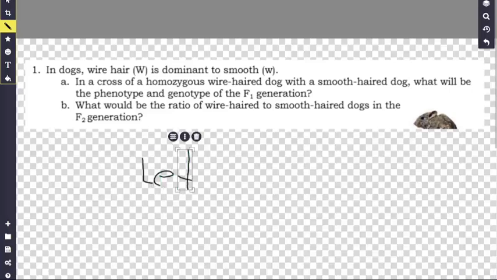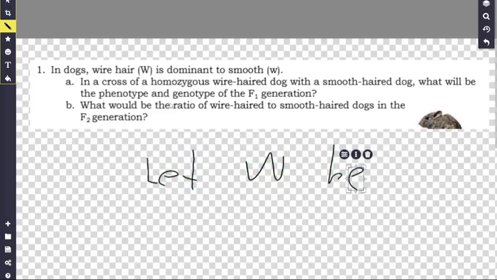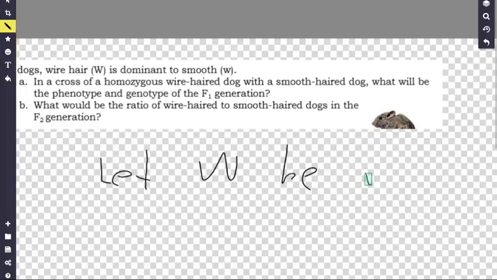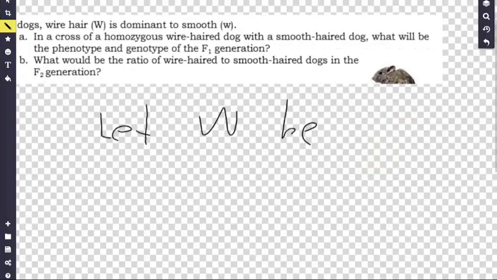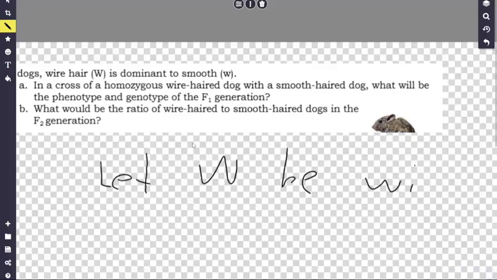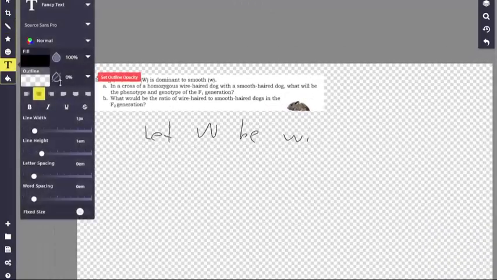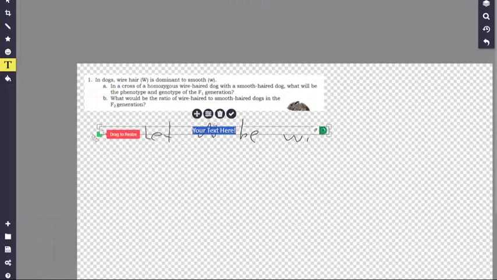Let W be wire. Okay, let me delete that.